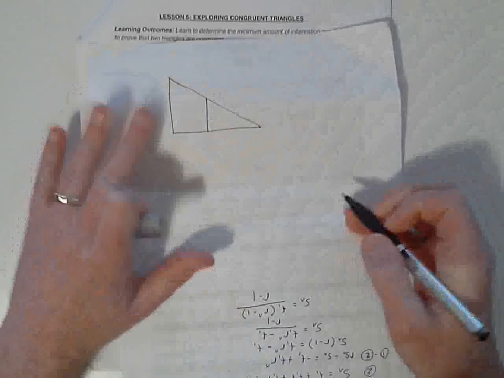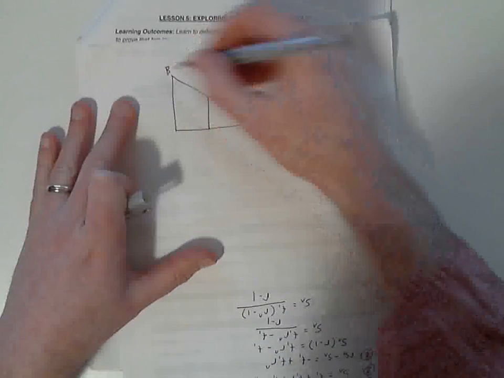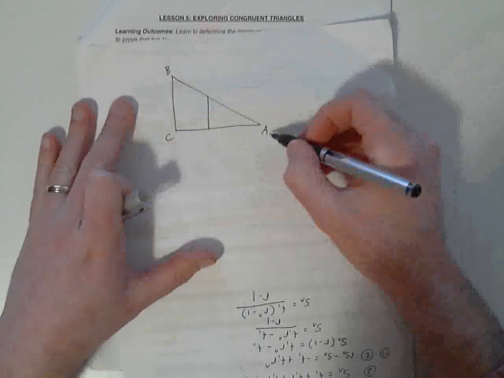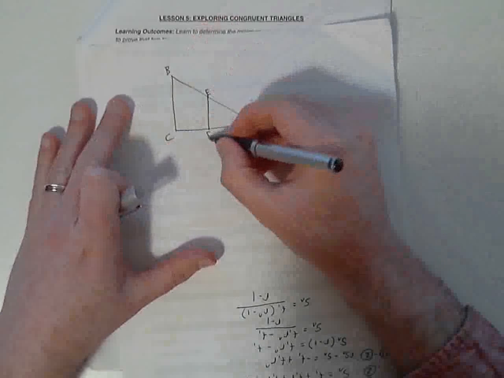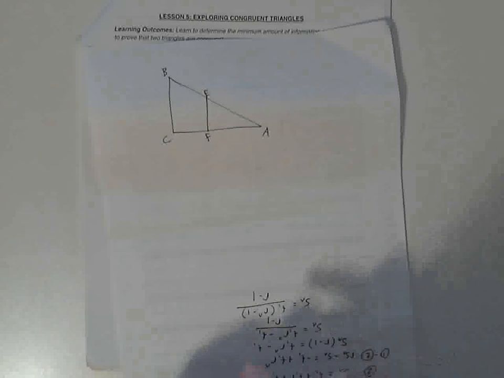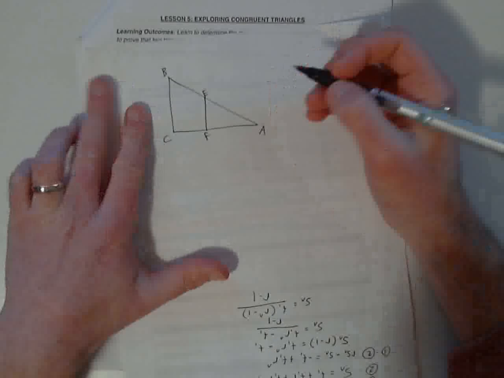So these two triangles, there's a triangle A, B, C, and there's a triangle A, E, F, we'll call it. These are two different triangles, and they're similar to each other. We proved similarity by proving two of the angles were the same.